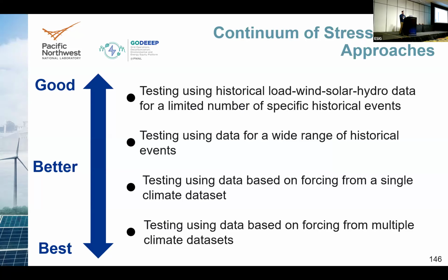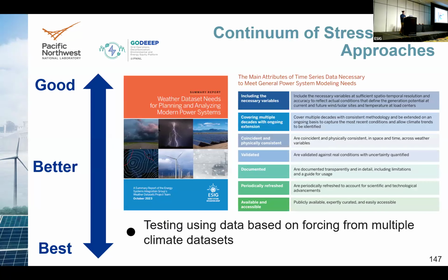Even better than that is if all of those were coincident and derived from the same underlying data source. And something I haven't mentioned yet, even better than that is if you have multiple sets of coincident data so that you can actually get a handle on the biases of a particular data set. I'm glad that this ESIG report has been mentioned already because it mentions a lot of the things that I've talked about, and particularly this coincident data.